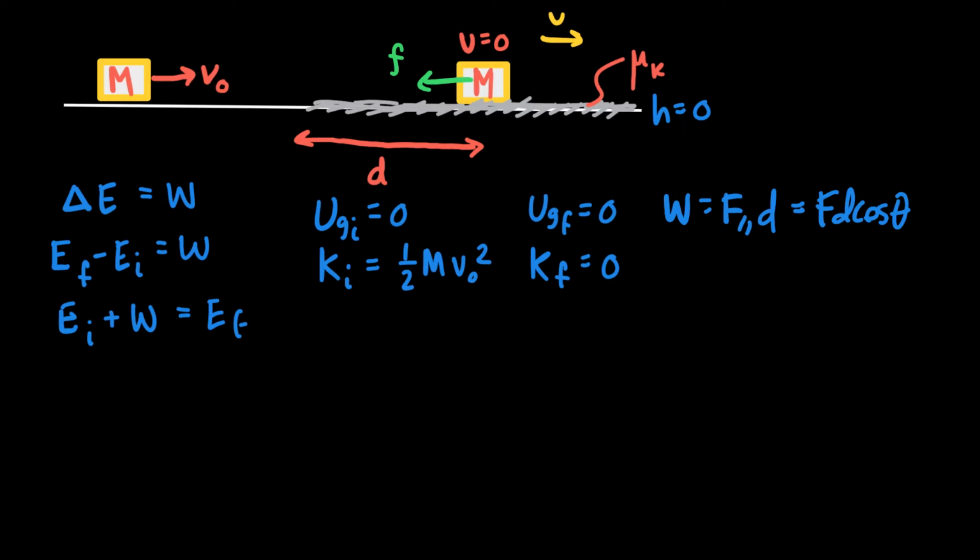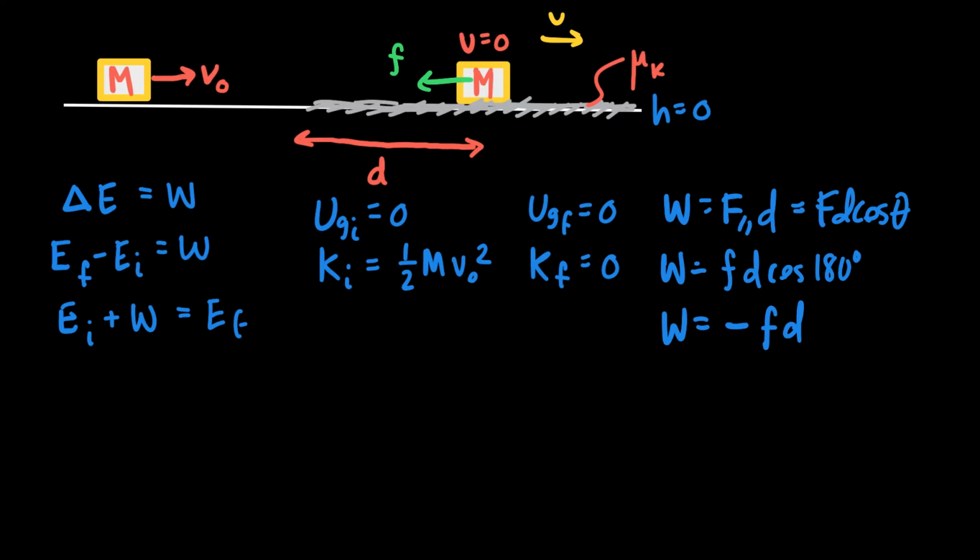And so the way that I would write the work equation is F times the distance that it moves through, d, times the cosine of 180 degrees. If you plug cosine of 180 degrees into your calculator, you'll find that's equal to -1. And so the work is minus F times d.